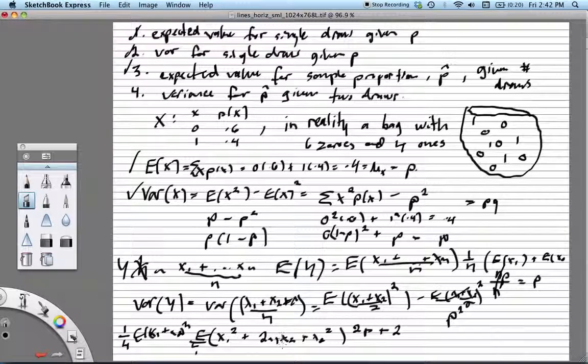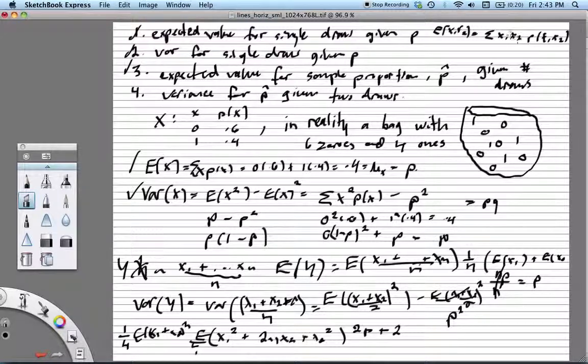Okay, x1x2. We know that since these are independent, the expected value of x1x2 is just going to be the sum of all possible x1x2s times their probability of both occurring, x1 and x2.